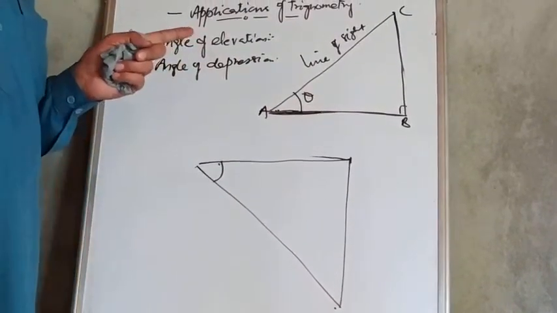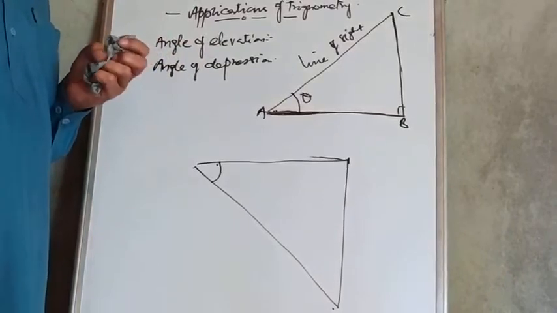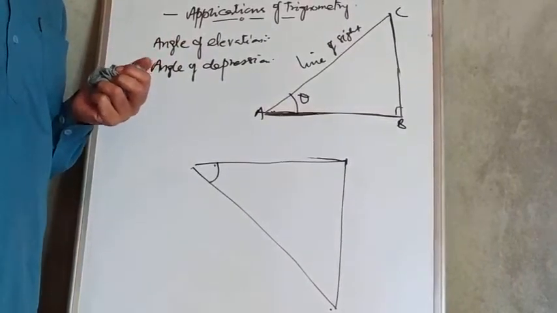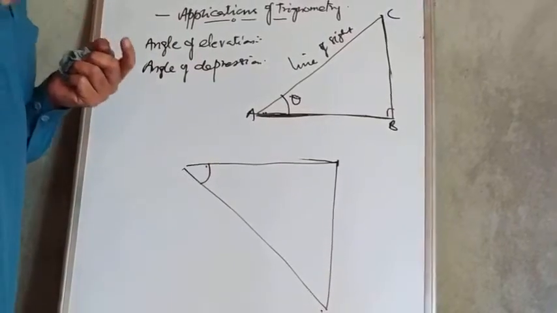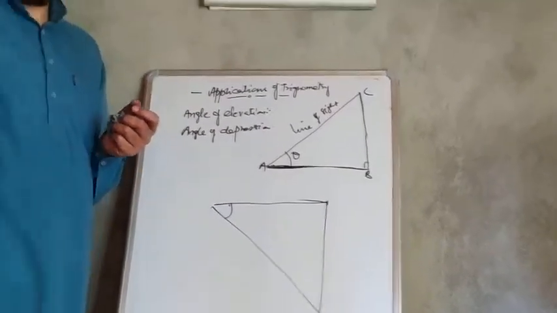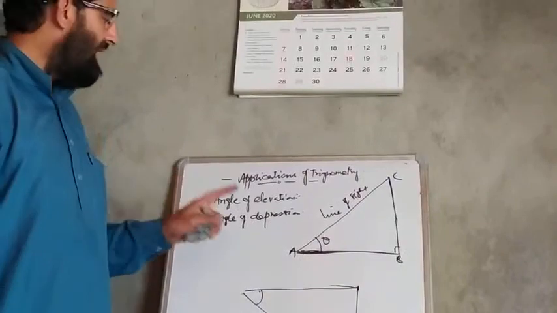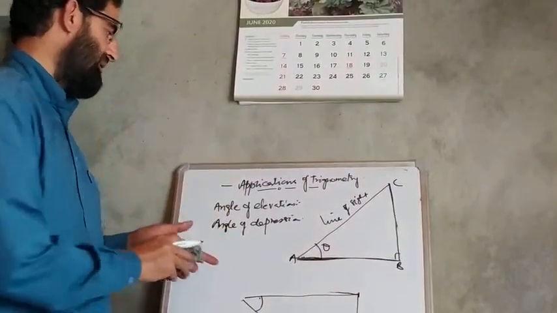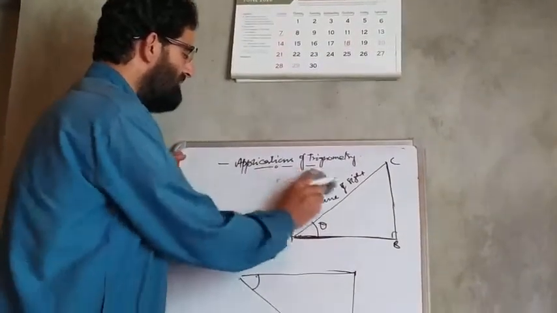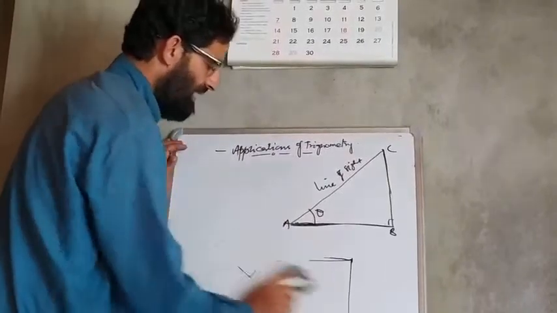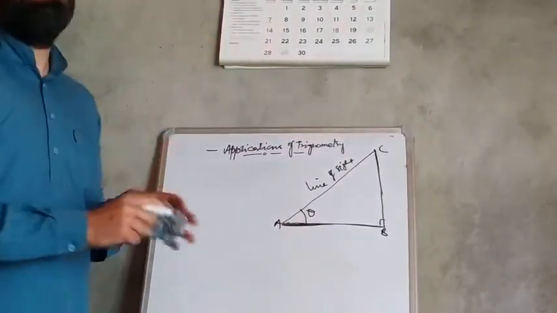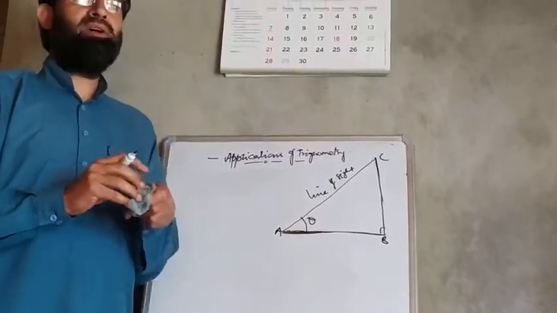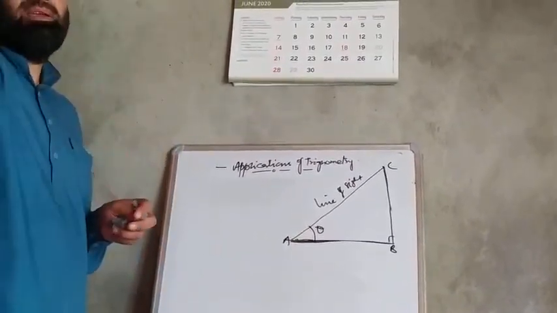Angle of elevation, when the object you are viewing is above the horizontal line, that angle is called angle of elevation. And when the object which you are viewing is below the horizontal line, that angle is called angle of depression. Now the beauty of this trigonometry is that you can find the height of a tree or height of a tower without actual measurement.